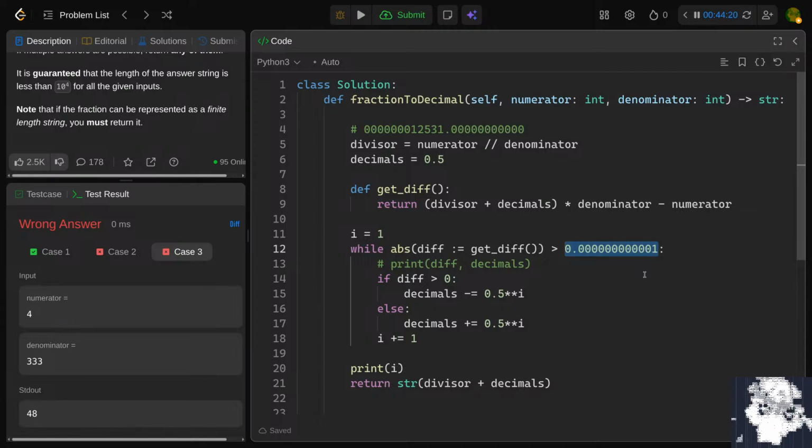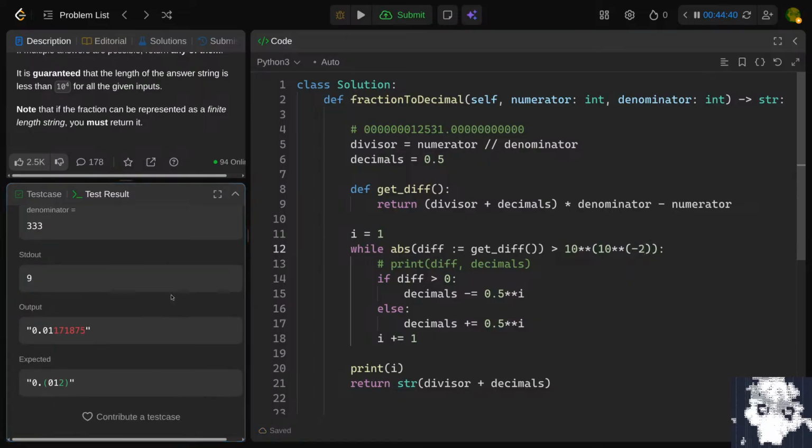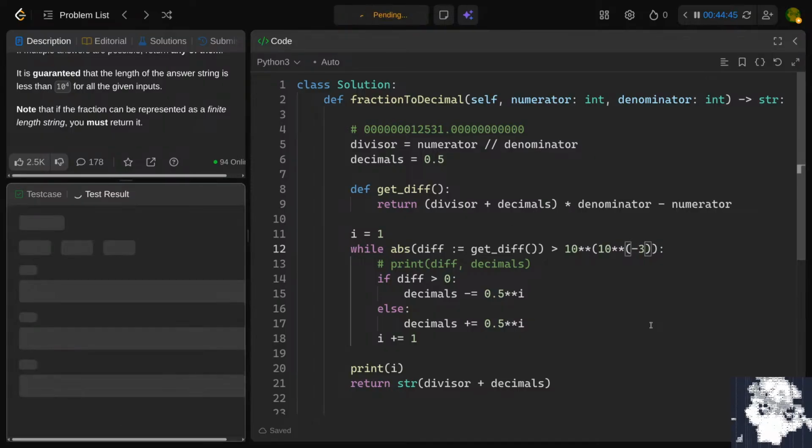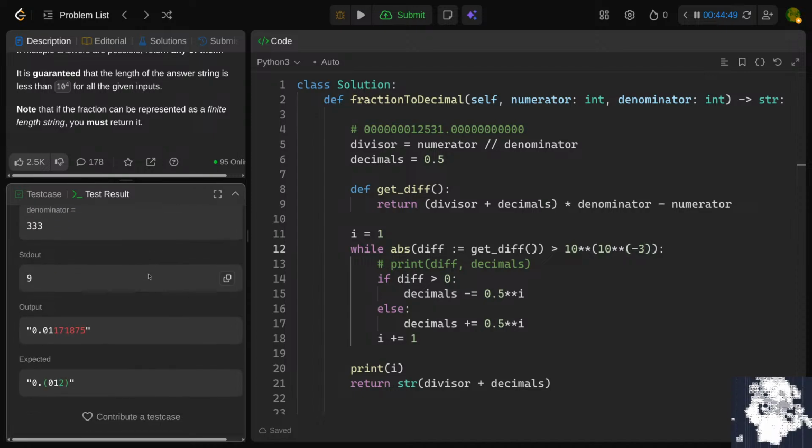So basically 10 to the power of 10 to the power of -4. Let me start with -2. Okay, that exits instantly. -3. -4.